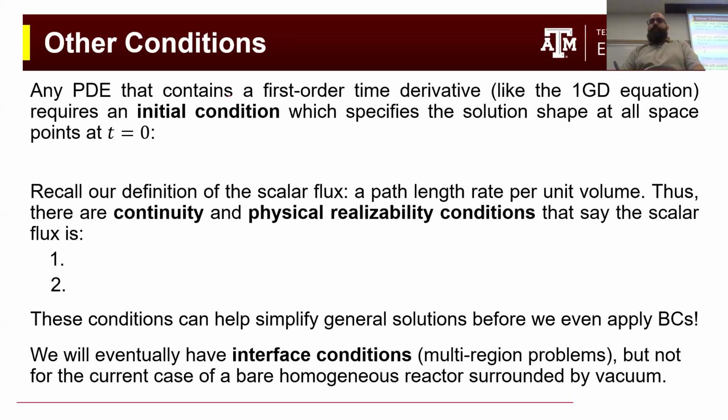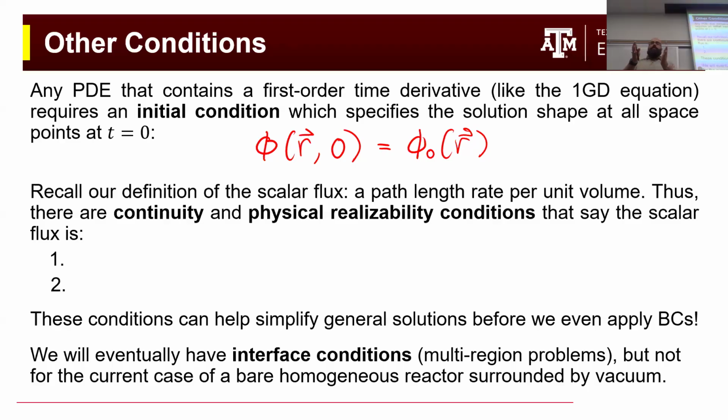Notationally, the initial condition says my flux everywhere in my reactor at time zero, the initial time, is a constant in time. We're specifying the shape of my flux at the initial time. And so that's what our initial condition would look like.